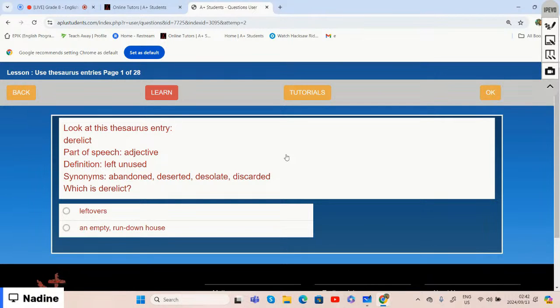So derelict is an adjective, right? It means left unused. The synonyms are abandoned, deserted, desolate, discarded, right? So now you must say, what does derelict mean? Does it mean leftovers or does it mean an abandoned, empty, rundown house?